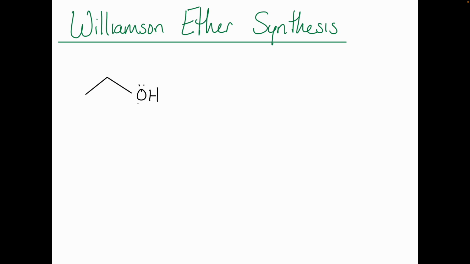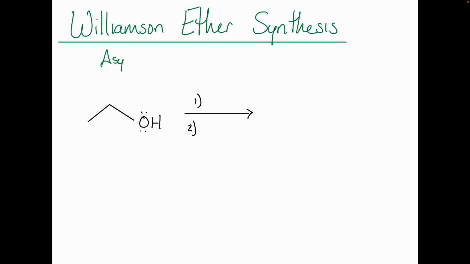So let's just get our substrate reagent product combination down here. And let's actually just note at the very top here, this is our preferable way for making asymmetric ethers.